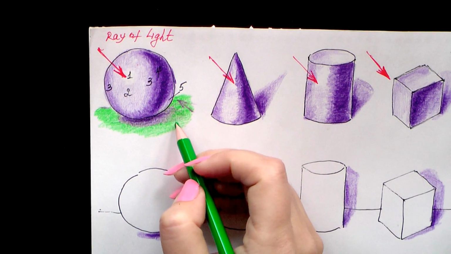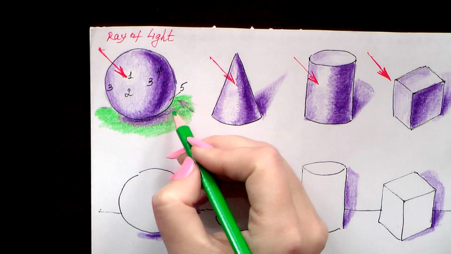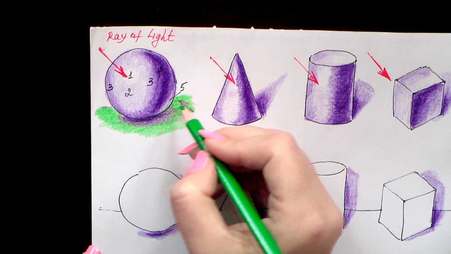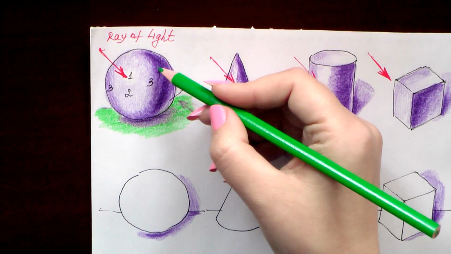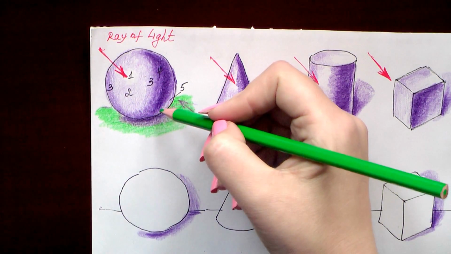The cast shadow itself doesn't have its own color. The color of the cast shadow is defined by the color of the surface, by the color of the object, and also by the color of the light.